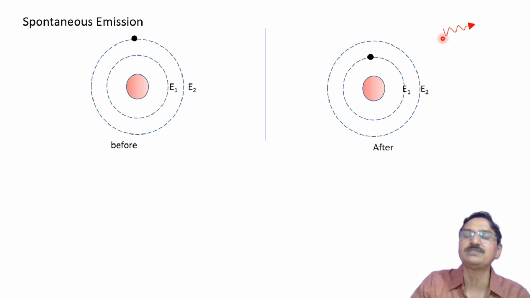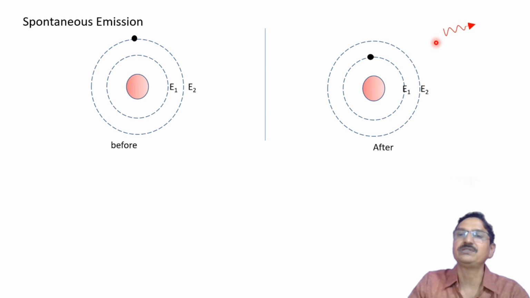When such a photon is emitted with the frequency mu, the energy of the photon will be equal to h mu, equal to the difference in these two energy states, E2 minus E1, and hence when such a photon is emitted, this electron jumps from E2 to E1. So again the atom comes into the normal state or the stable state.